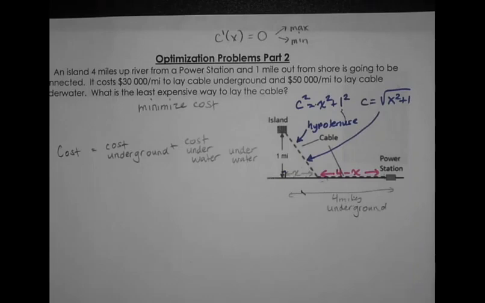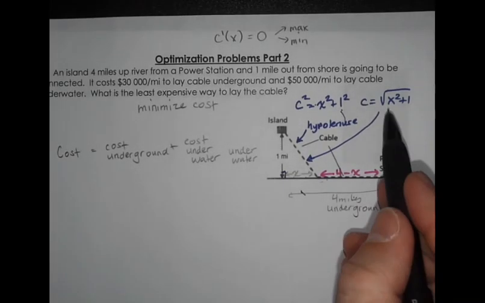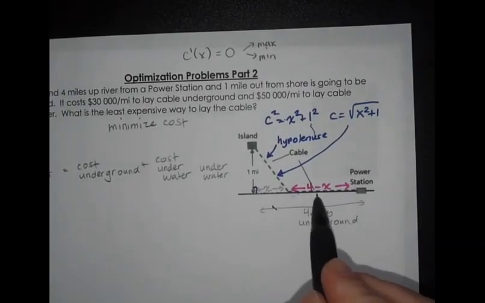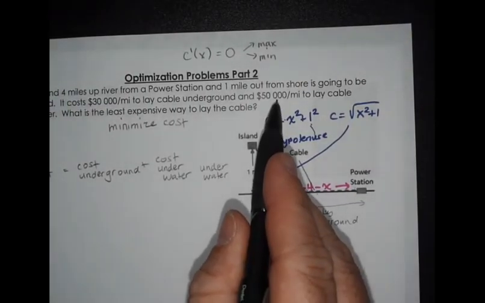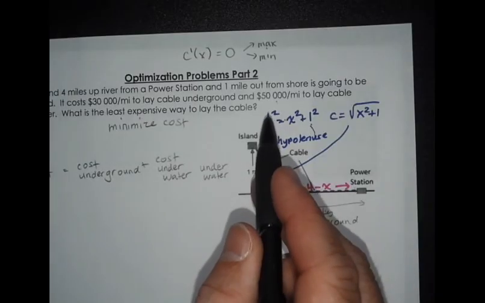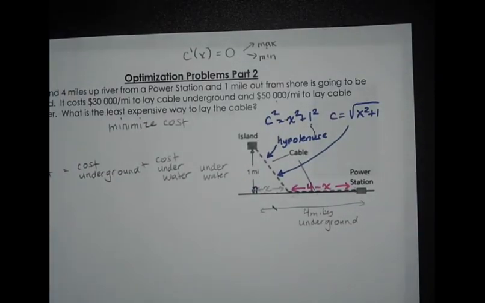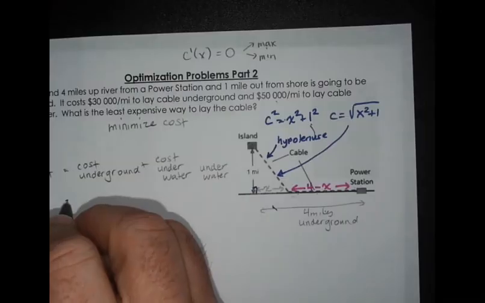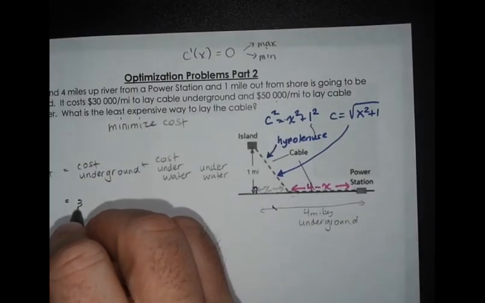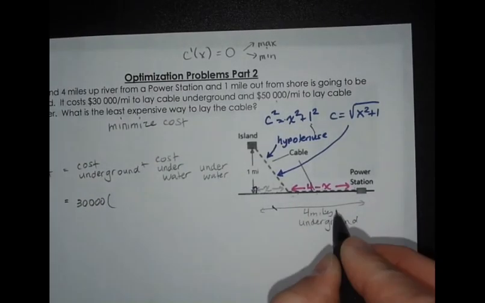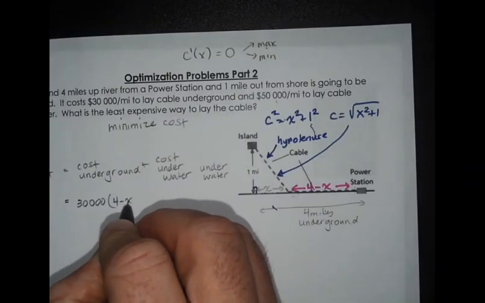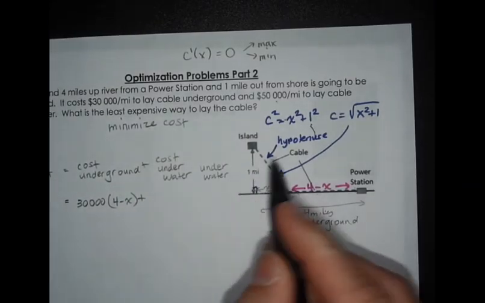Well, if this is the distance underground, it costs $30,000 underground. That would be 30,000 times (4 minus x) plus the underwater.